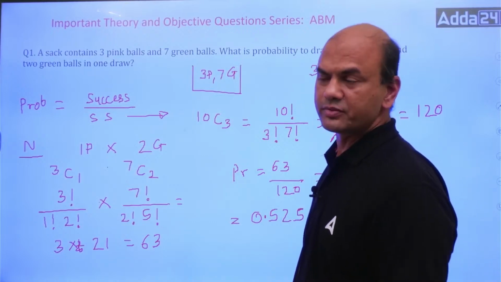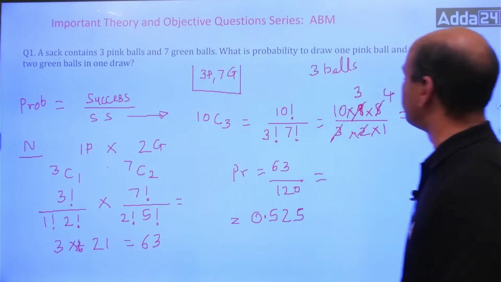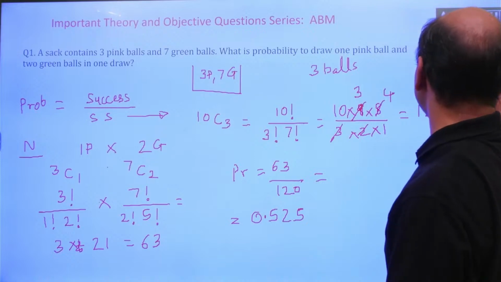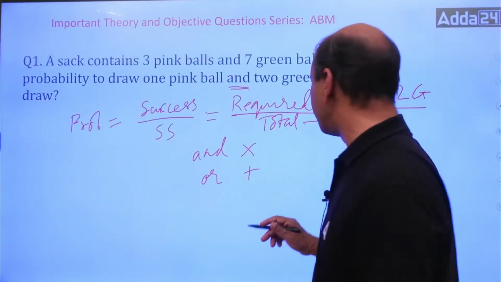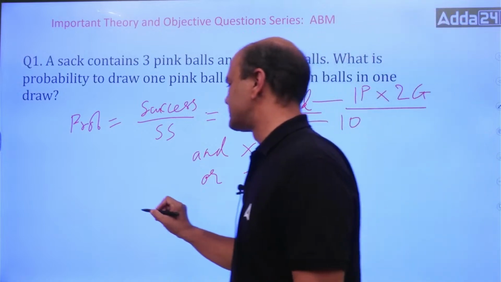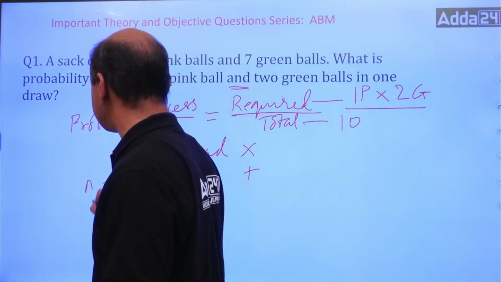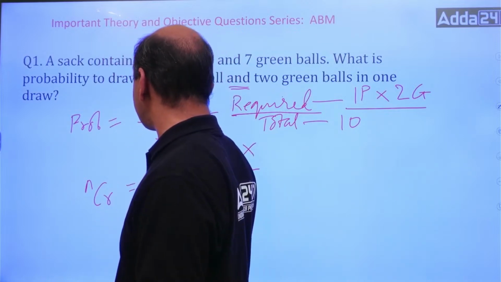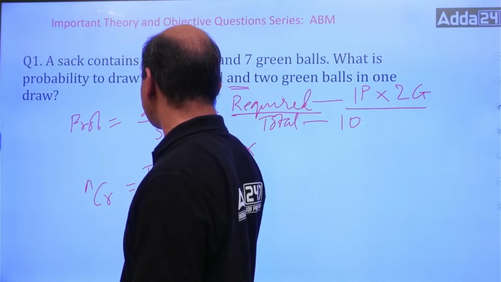What is this combination formula? It is always written as NCR. Let me write it over here. N means total, the total number of balls.